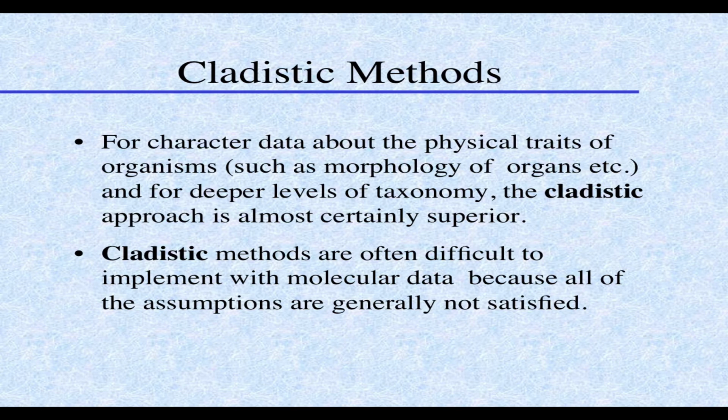Okay, I'm going to talk a little bit about cladistic methods now. For character data about the physical traits of organisms, stuff like morphology of organs and deep levels of taxonomy, cladistic method is almost certainly superior. You are losing a lot of information when you take a distance method.